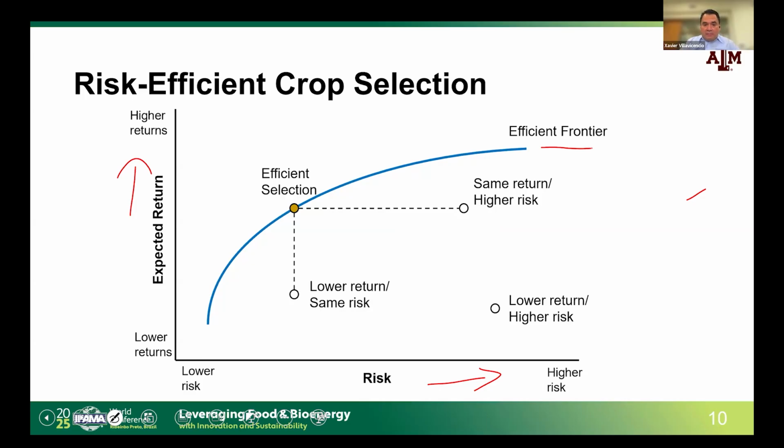However, many times we don't make efficient decisions, in the sense that we are optimizing something. Many times we can be here, in a theoretical case, in which we have this amount of return and this amount of risk.